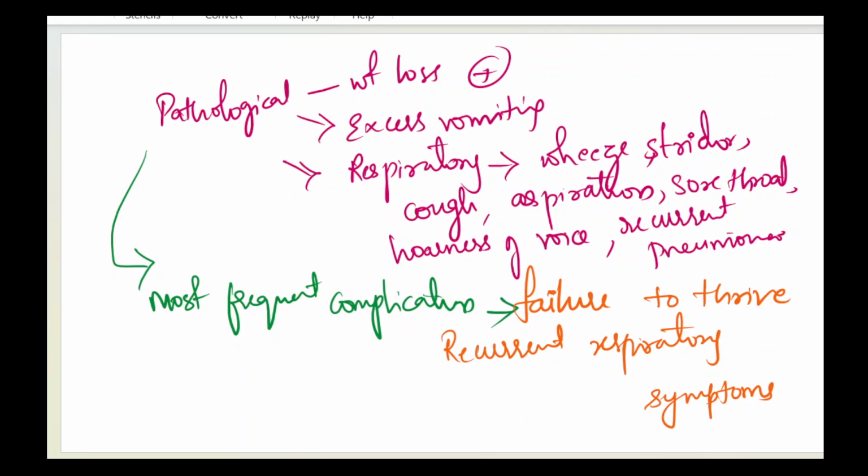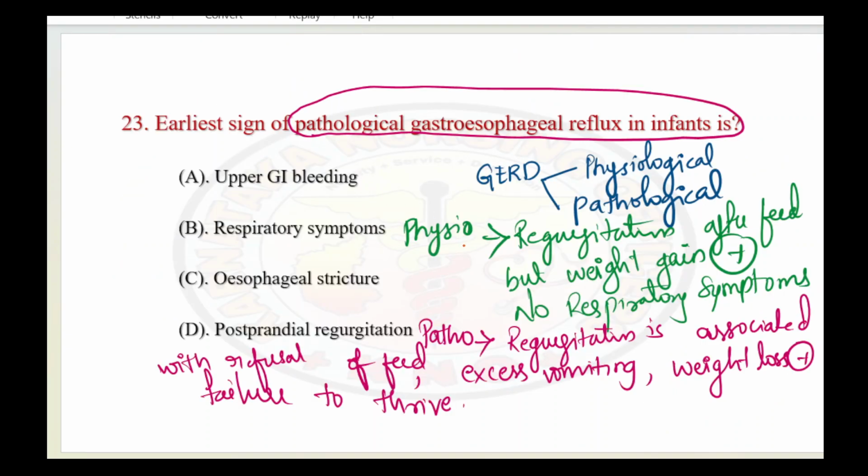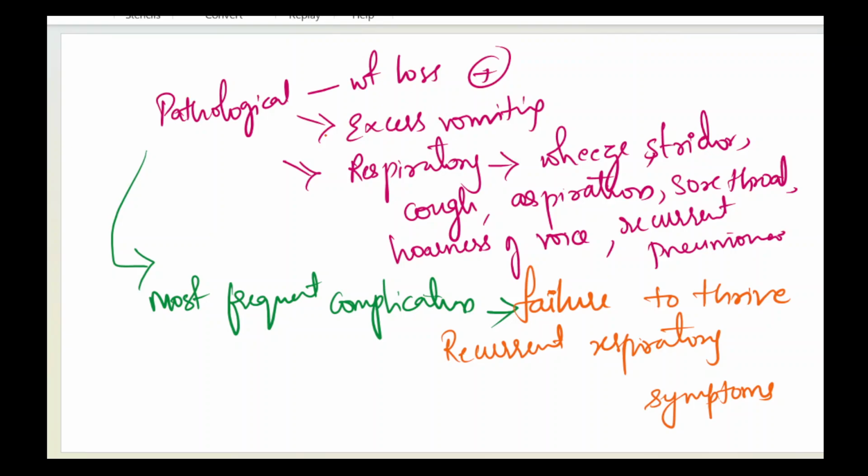So this is all about the pathological GERD. I told you in physiological GERD, regurgitation is there, but weight gain will be there, no kind of respiratory problems. But in pathological, weight loss is there, excess vomiting will be there, all kinds of respiratory problems will be there, mainly recurrent pneumonia. This is going to kill them. So all these are the main important features.